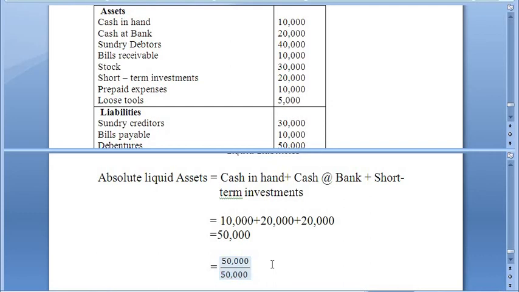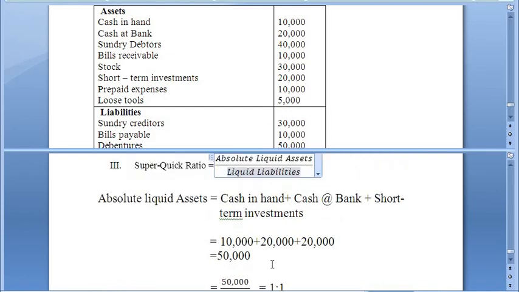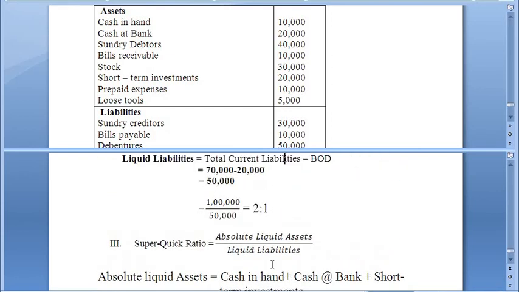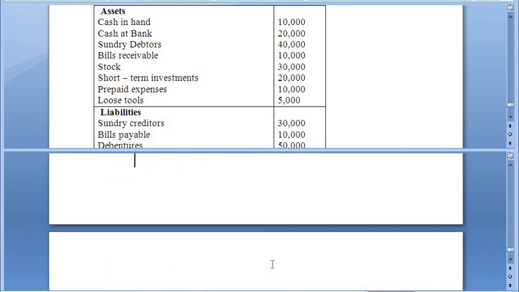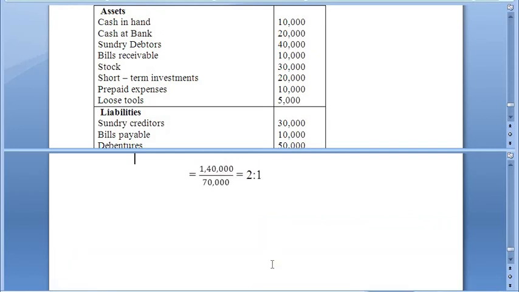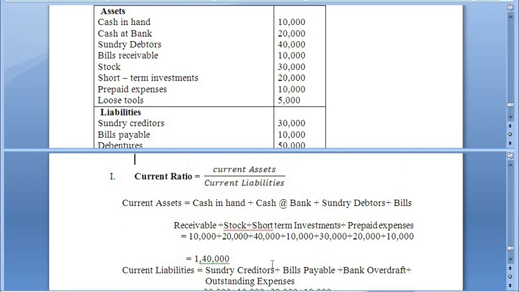What is the answer? 50,000 divided by 50,000 is equal to 1:1. I hope you understood the calculation of liquidity ratios. There are three ratios to check the liquidity position of the firm. The first one is current ratio. The formula of current ratio is current assets divided by current liabilities.